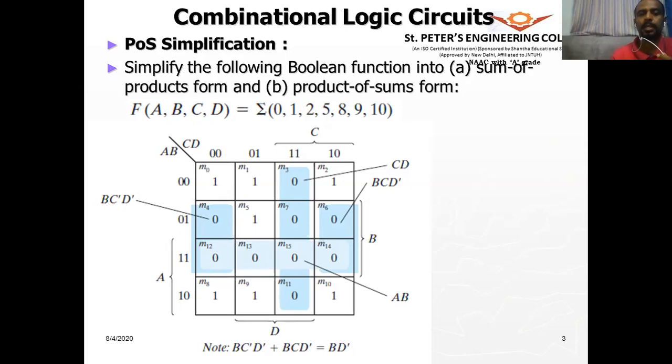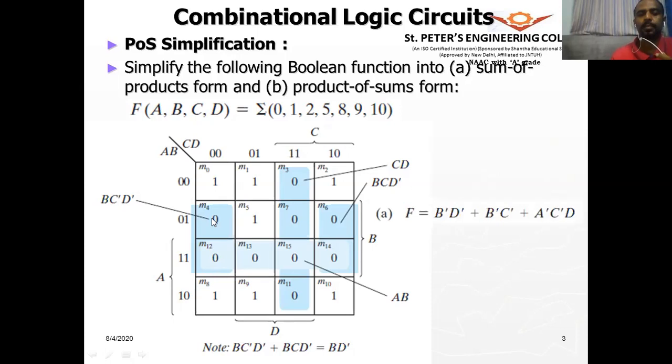POS means the max terms, and max terms are related to the zeros, right? So therefore, we are going to group them. You know that these 4 can be grouped, and these 4 can be grouped, and these 4 can be grouped. So we have 3 terms by grouping them.